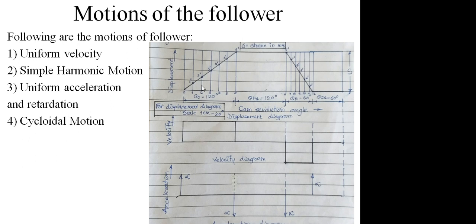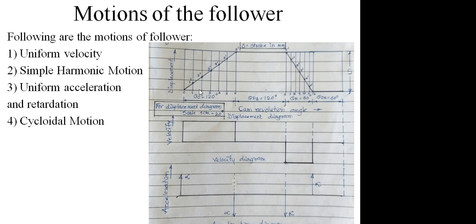Now after taking theta O for 6 centimeter and theta R for 3 centimeter, divide theta O and theta R in equal even parts. So I have divided this theta O and theta R in 6 parts.